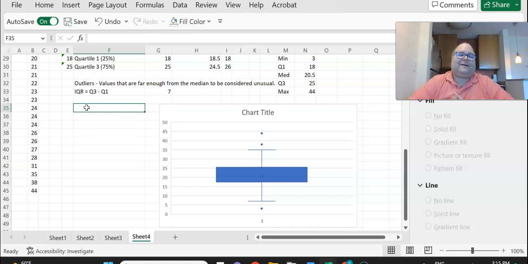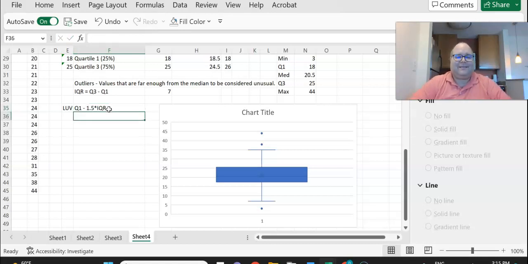Well, our outliers are determined by an equation that takes Q1 and subtracts 1.5 times our interquartile range from the value. This is a fixed relationship. The lower unusual value is determined by this.